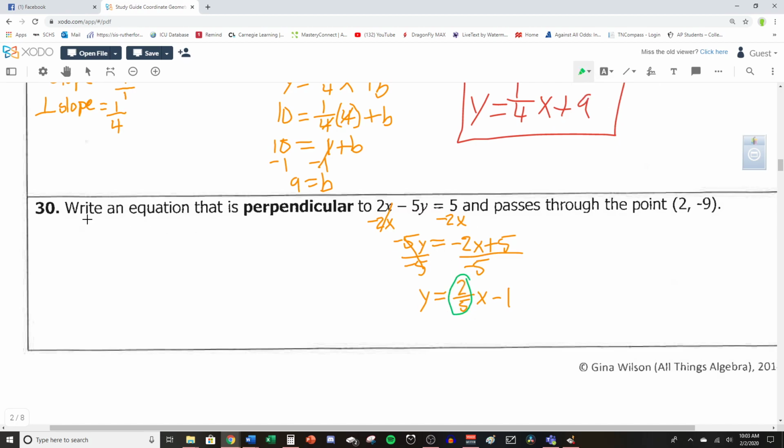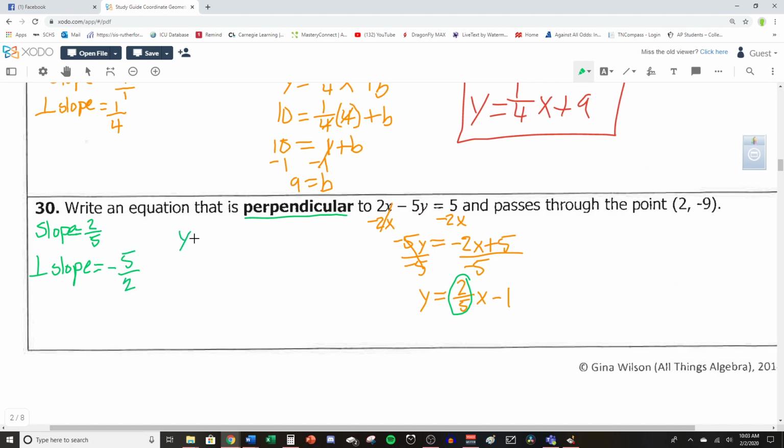So this is our slope, 2/5. However, we want a perpendicular slope. The perpendicular slope is going to be the opposite reciprocal. So opposite has to be negative. Flip it, 5/2.